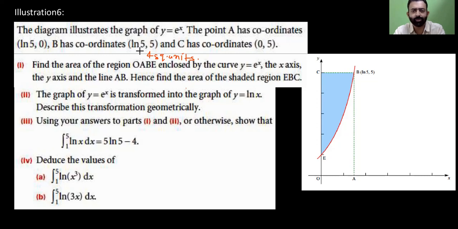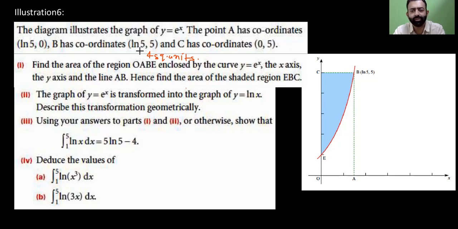Right? Since e raised to power x and log x are inverse of each other, the graph of log x will be the reflection of the graph y equals e raised to power x. And I think we have covered this in chapter number 2, in which we introduced the concept of logarithmic and exponential functions.